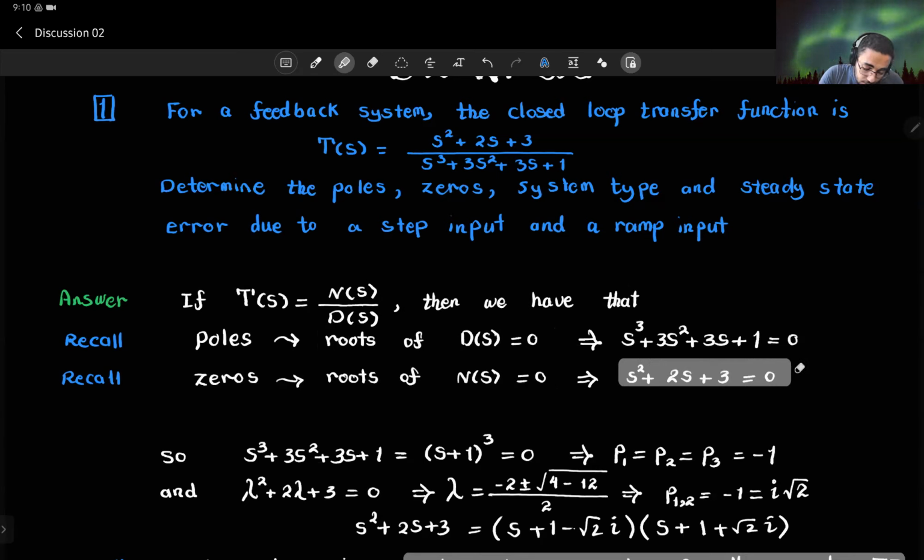And remember, from our previous discussion, we can understand the zeros as follows: whenever you give an input into the system at the same frequency as the zeros of the system, that input is not going to appear in the output at all. You will not see it in the output at all. Okay.